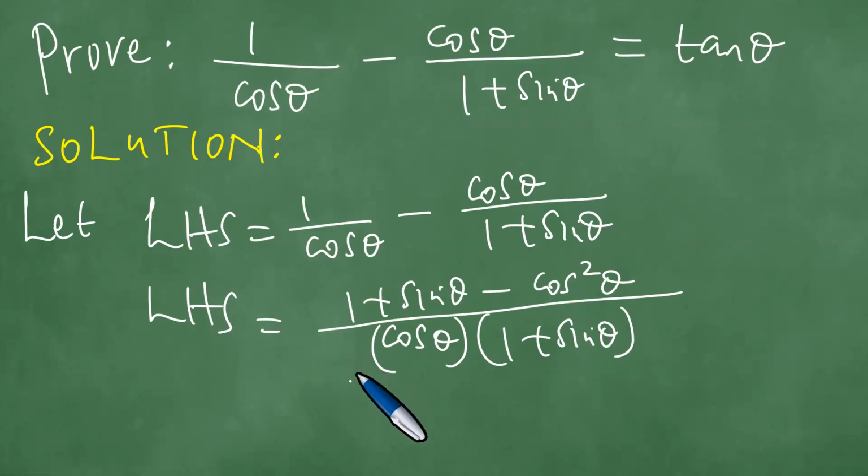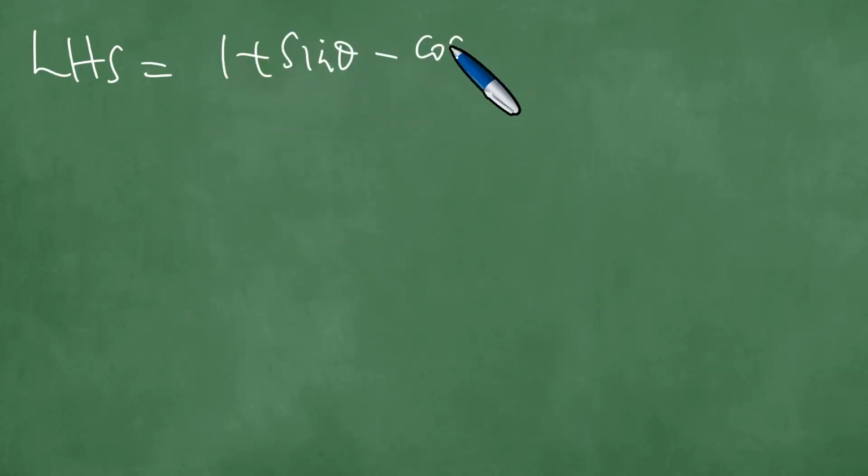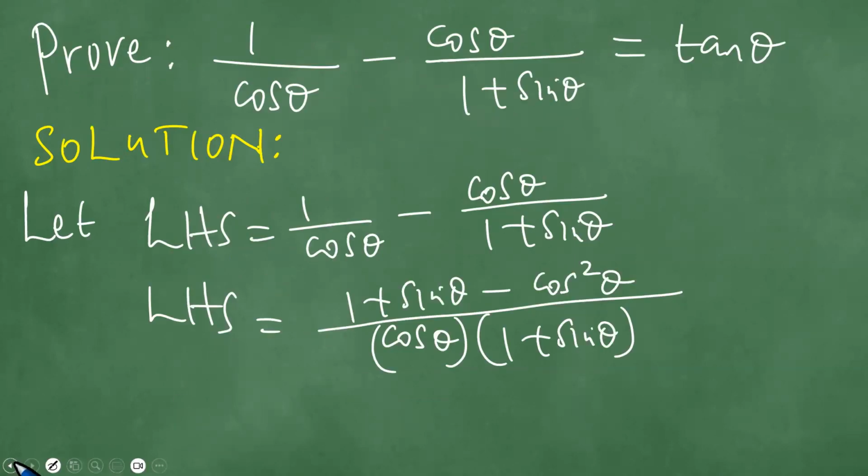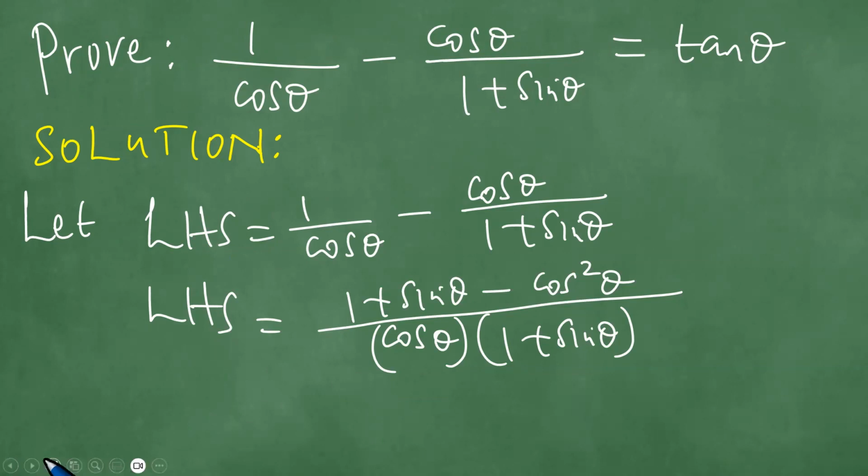Okay, so if you look at these very carefully, we just have to simplify these, but simplify it very carefully. So let's just look at the fact that in the numerator, we have 1 plus sine theta minus cosine squared theta, divided by cosine theta into 1 plus sine theta.